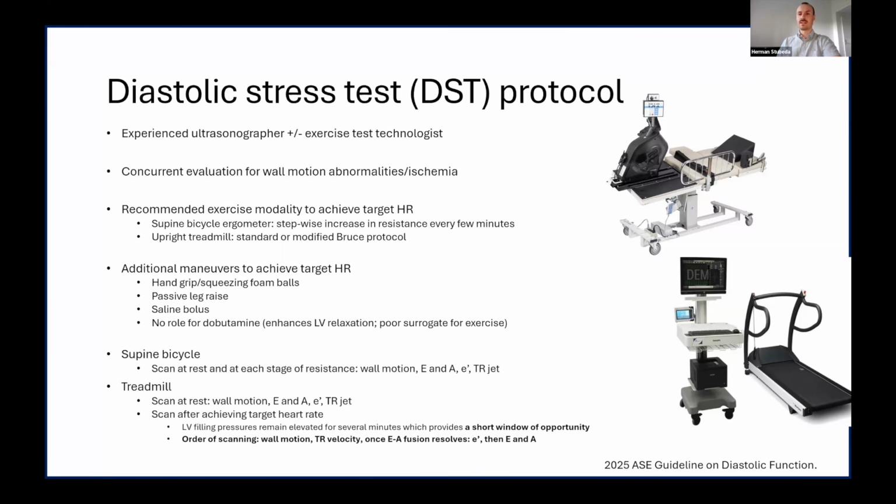And so it doesn't allow us to get accurate values for E and A waves. So we have to wait until heart rate slows down enough, around 110 or so, and EA fusion resolves. And then the first thing we need to get is the E prime velocities. And this could be just one of the velocities, such as the septal velocity. And then we would get the E and A velocities as well.